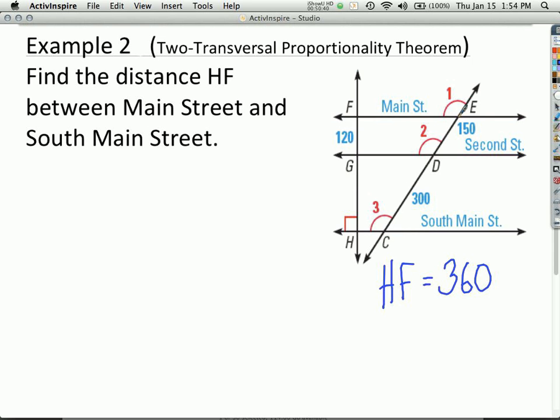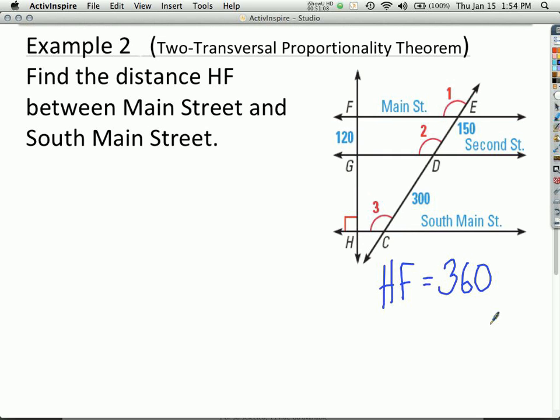That is the distance from here to here. So since it's 150, that's obviously half of 300. So since half of 300 is 150, 150 is equal to 120 for the distance of F and G. That must mean that 300 is 240, since it's twice the amount of Main Street.